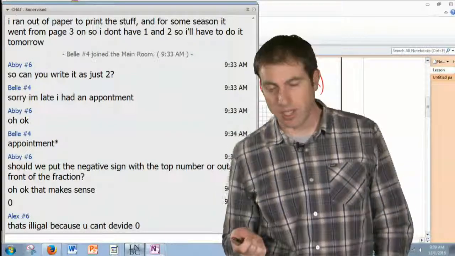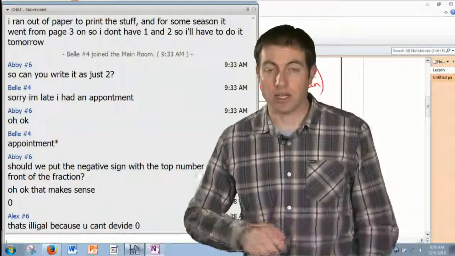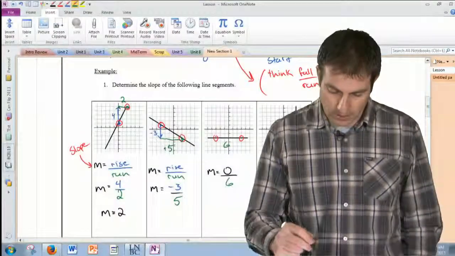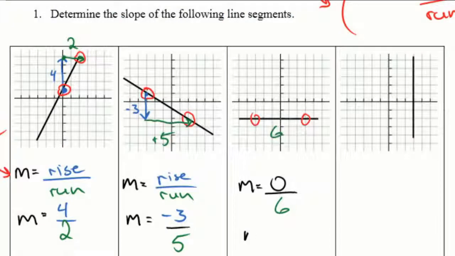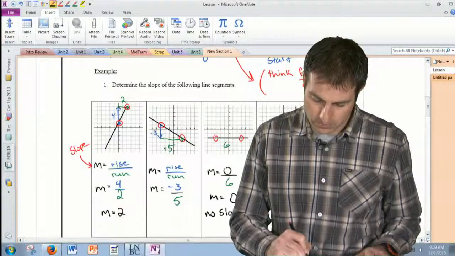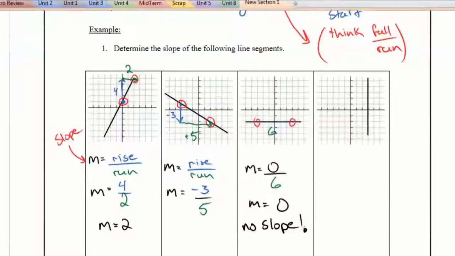So if you have a calculator handy, you plug it in, you go 0 divided by 6, and you end up with just 0. So the slope of this line is 0, or you could say there's no slope. If that makes sense.